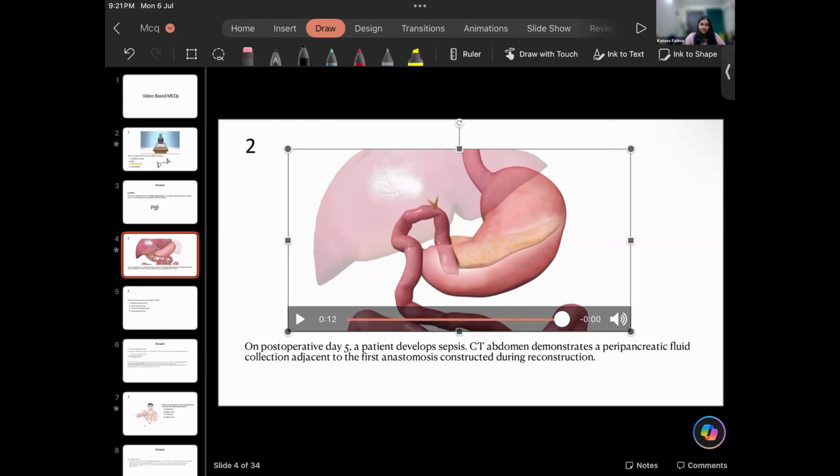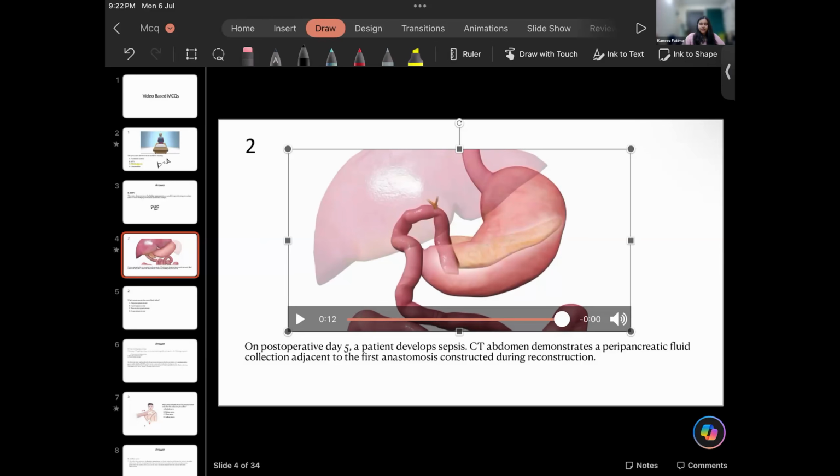So there are various steps in the resection as well as the anastomosis. So the question requires you to identify the procedure, identify the reconstruction, and then you have to answer based upon that.